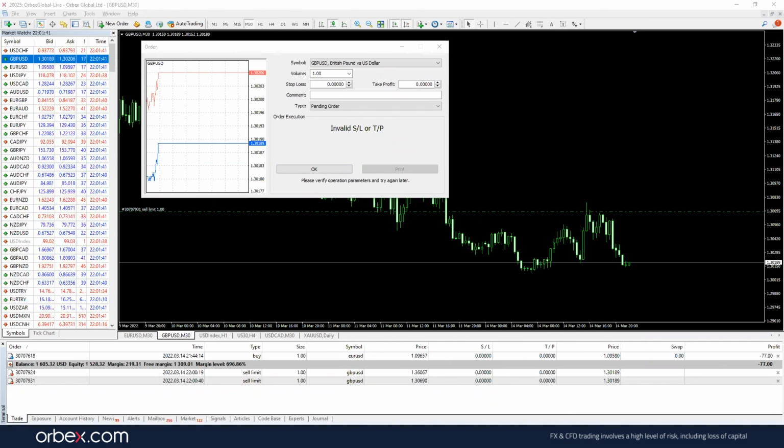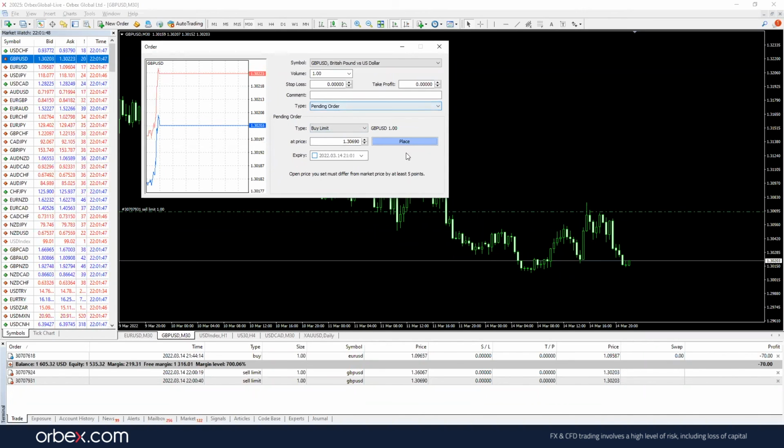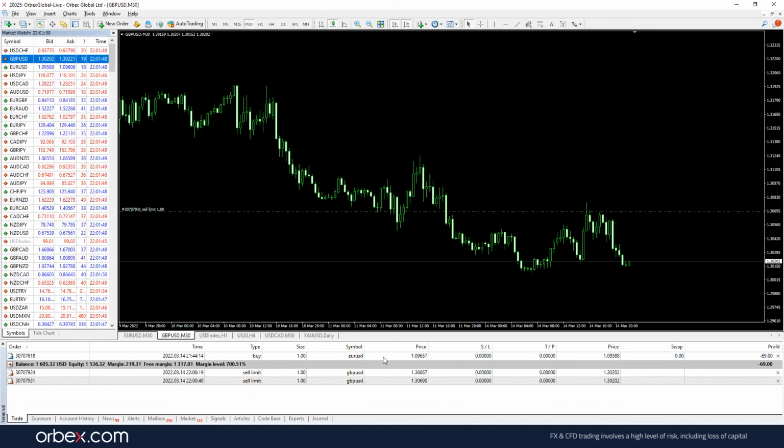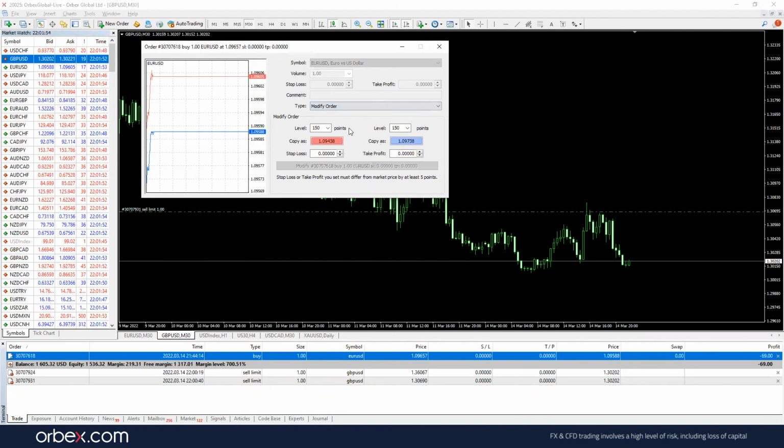So I just got another question. Can you set stop losses to the original order manually? Yes. I mean, if you've got an open order like I have here, you can go to modify order, and then here you have the stop loss and take profit. So that's how you can do that manually as well if it's a live trade.